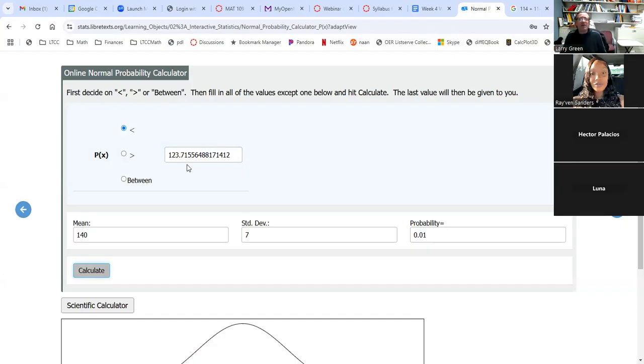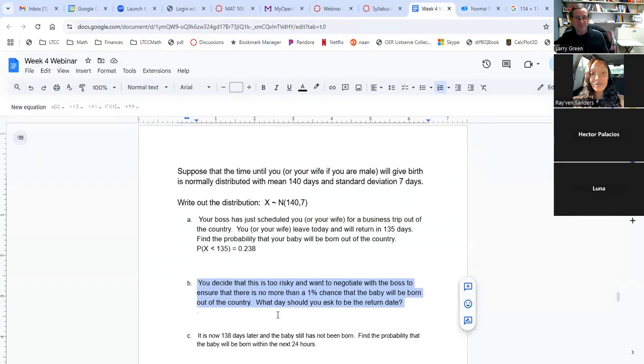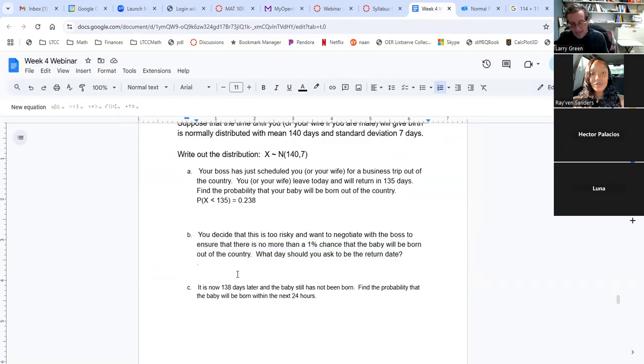This is one of those where you probably want to round down and not use the rules for rounding, because we want it to be less than 1%. If you rounded to 123.8 or 124, then you'd be slightly greater than 1%. So I'm going to go with 123 days. So you would ask for day 123. Any questions on this idea?